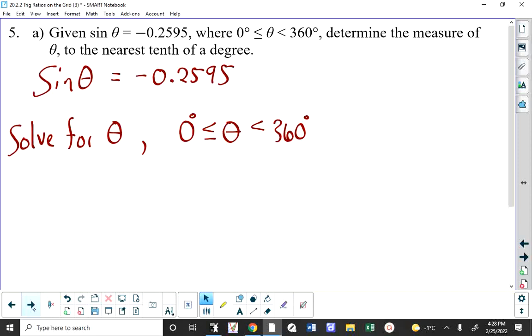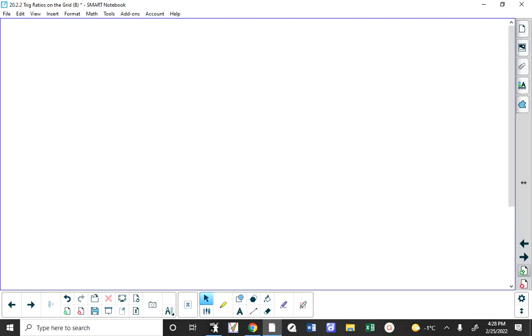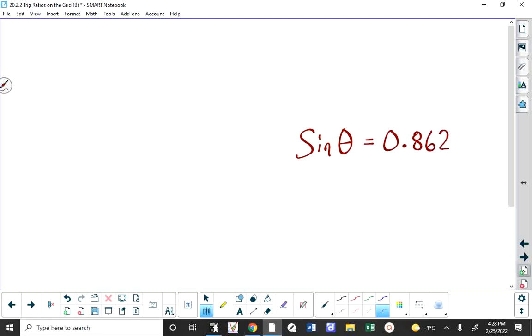Last year, all of the angles that we dealt with were less than 90 degrees. And if you had an equation last year in Math 10 that said sine of theta equals, this is a different question, I'm just taking us back in time, sine of theta equals 0.8632, and you were asked to find theta, what you would do is say theta is equal to the inverse sine of that number.